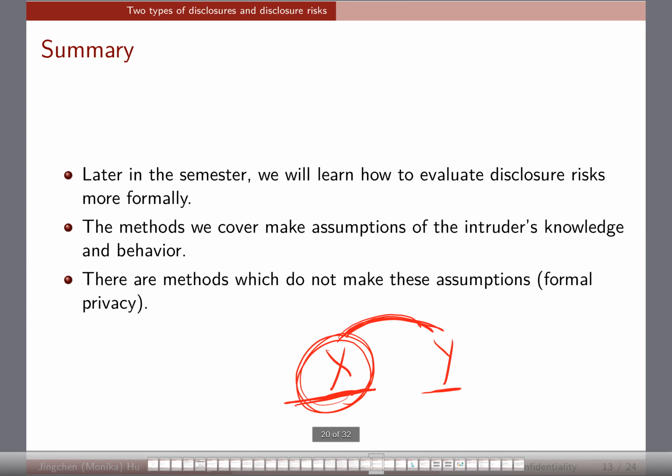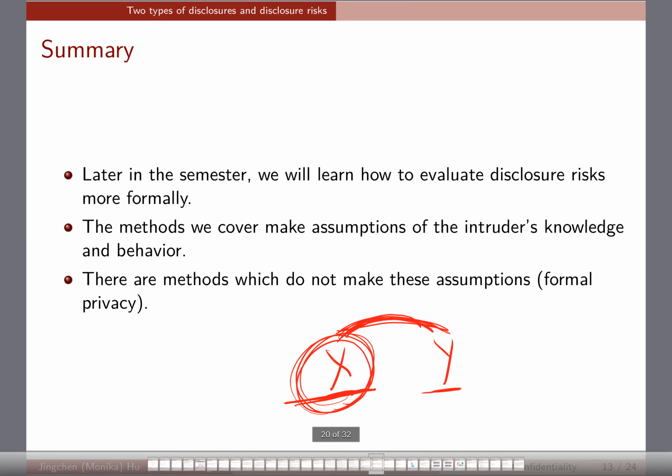But intuitively, you can imagine that, well, if X and Y are so close to each other, then I will have to add larger noise to the data. And maybe they're not that close, even though they're only different by one record, depending on which one is different and all that. Then you will have smaller noise.